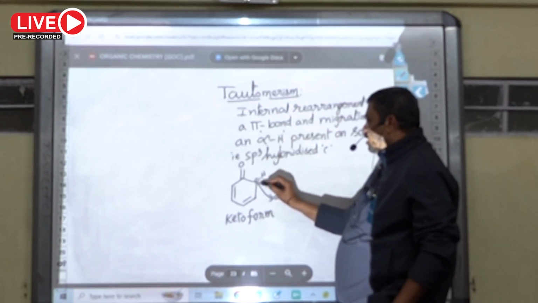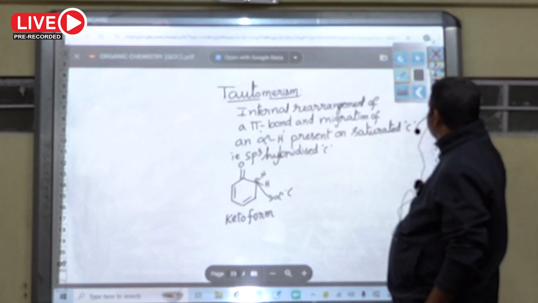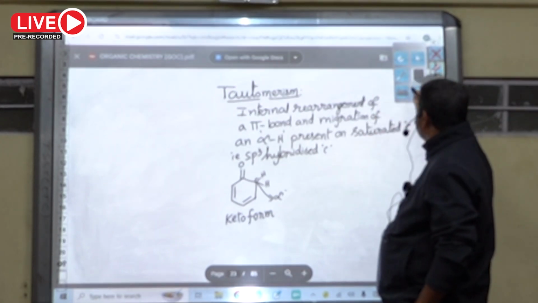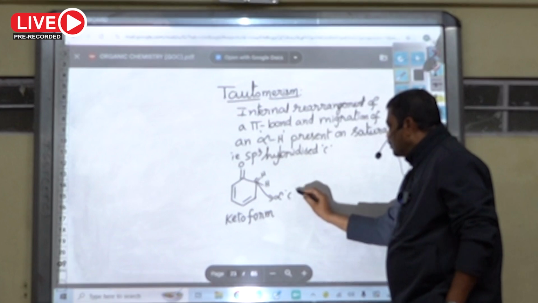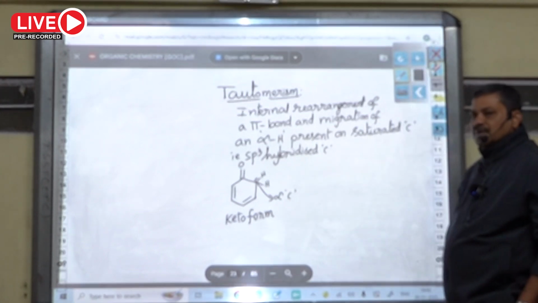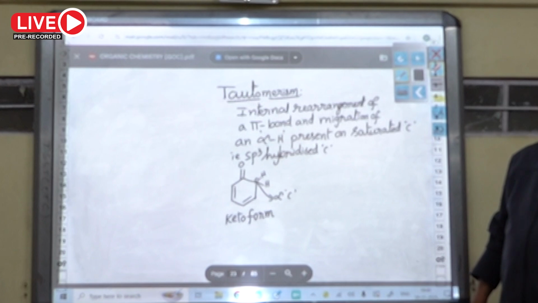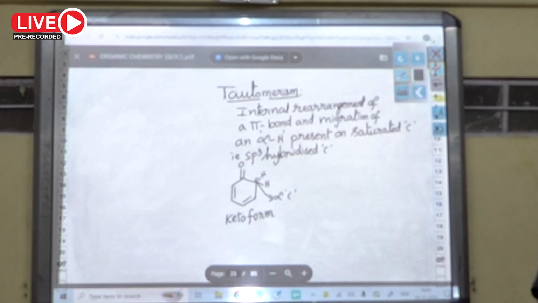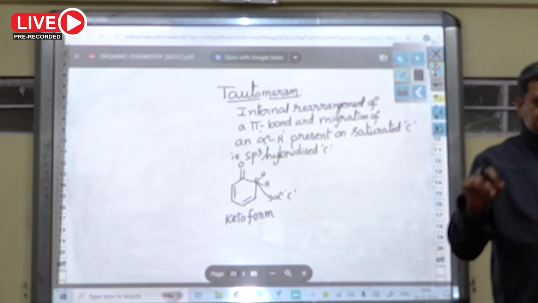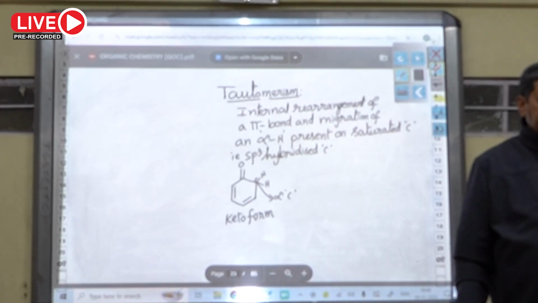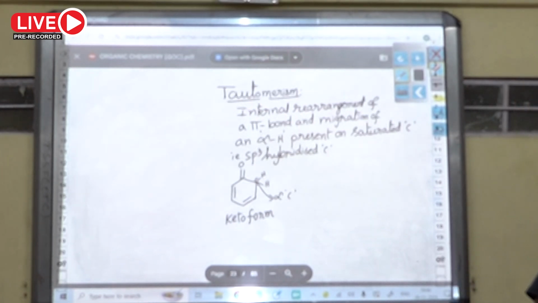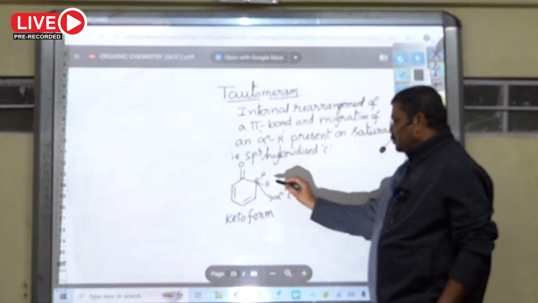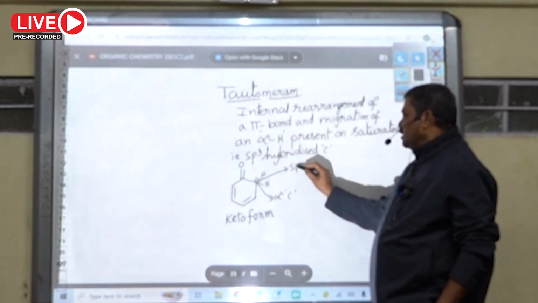This is the alpha carbon. Whenever a keto form has to be converted into enol, what is the prior condition? There must be at least one alpha carbon which is saturated, that is, all single bonds, sp3 carbon. This carbon is sp3 carbon.